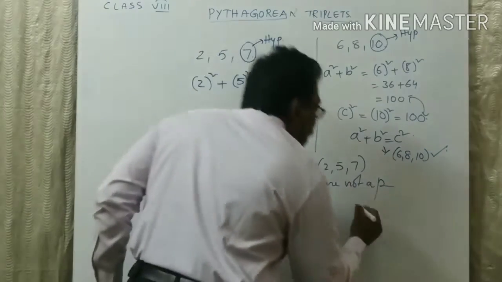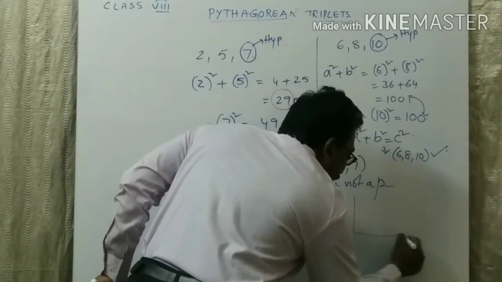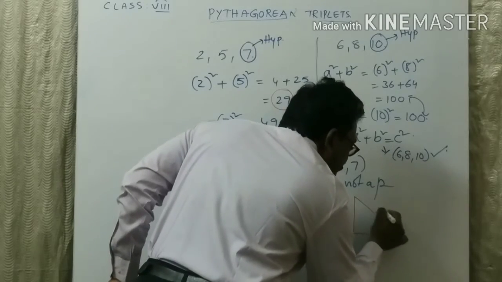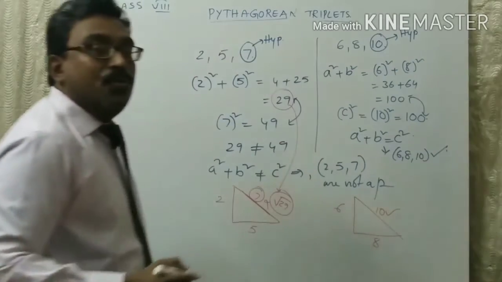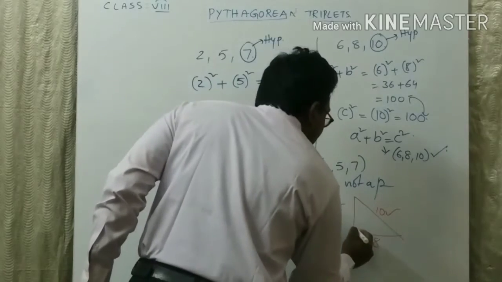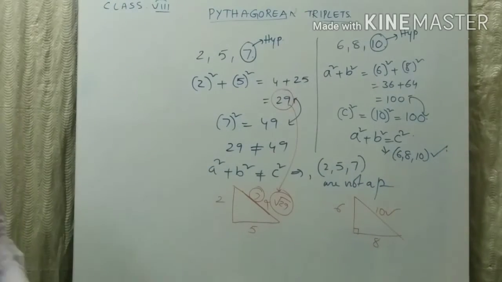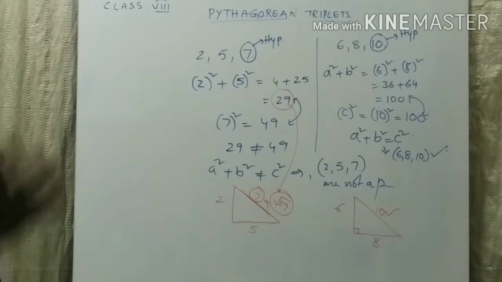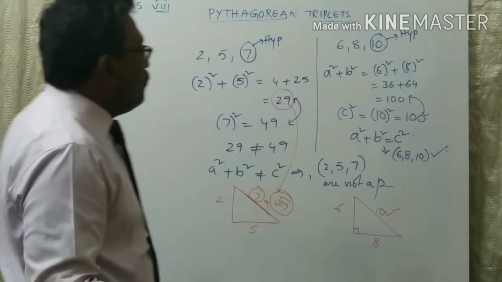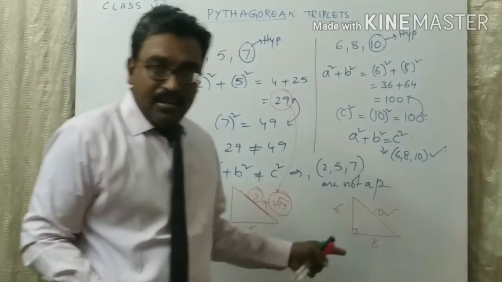Suppose one side is 6, the other side is 8, yes, the third side is 10. We can form a right angle triangle. That means Pythagorean triplet means with the three sides we can form a right angle triangle.